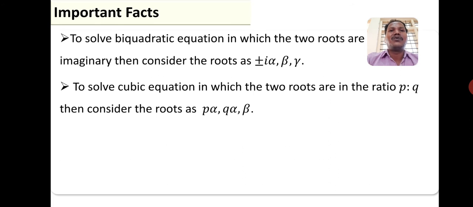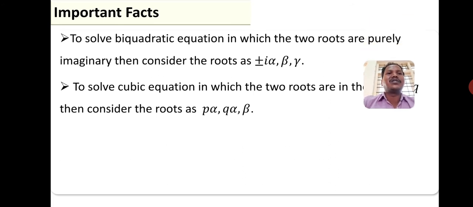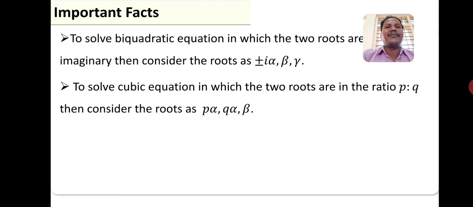Next, to solve a biquadratic equation in which two roots are purely imaginary, consider the roots as plus or minus i alpha, beta, gamma.